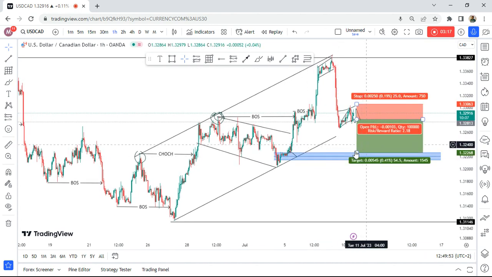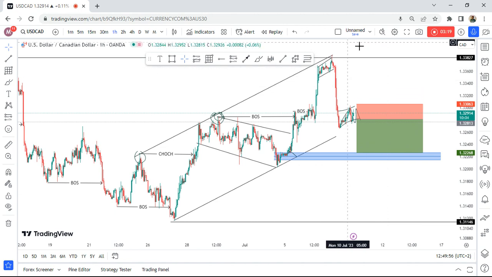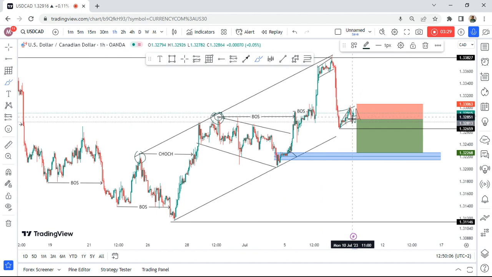Should the market reverse in this area and then continue pushing to the upside, we will know that we managed to lock in some profit, at least after the market breaks out of this low here, maybe with a reduced risk entry here. After the market takes out this low, we'll start looking at our profit. Should anything happen, then that's it.